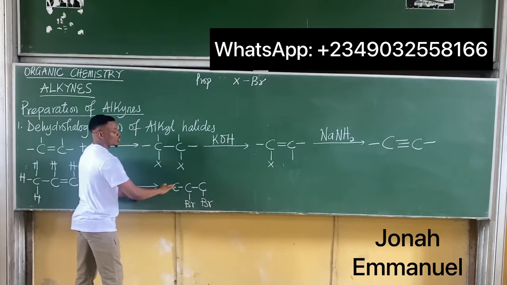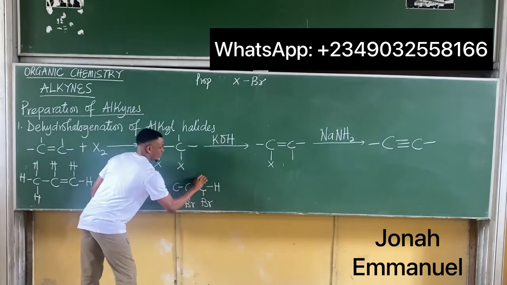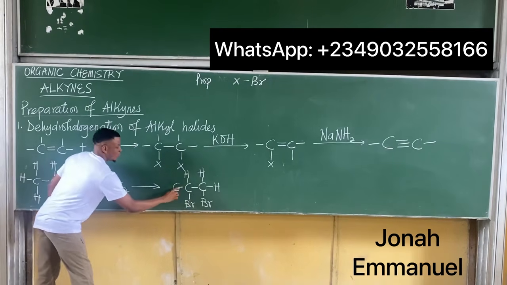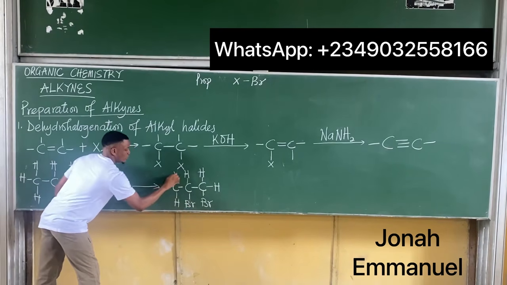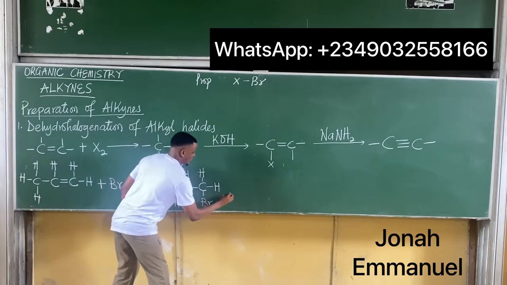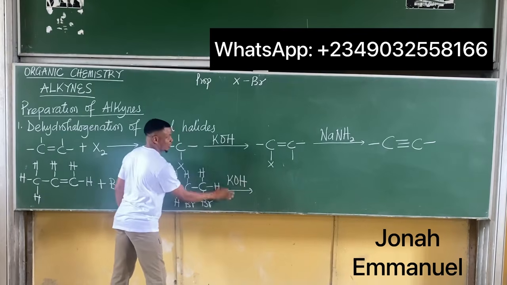If I'm done with this, complete this compound. I have 1, 2, 3, and 4. I'm done with this one here. Next up, they said KOH, potassium hydroxide. I'm done.